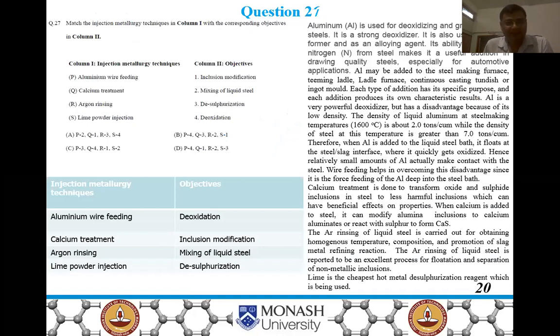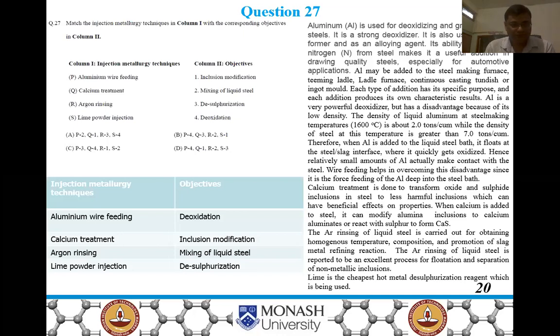Now question number 27. Match the injection metallurgy technique in column 1 with corresponding objectives in column 2. So aluminum wire feeding corresponds to deoxidation, calcium treatment corresponds to inclusion modification, argon rinsing corresponds to mixing of liquid steel, and lime powder injection corresponds to desulfurization.